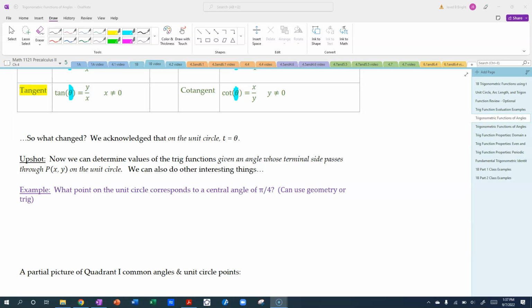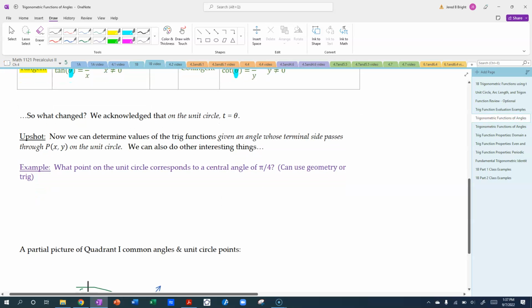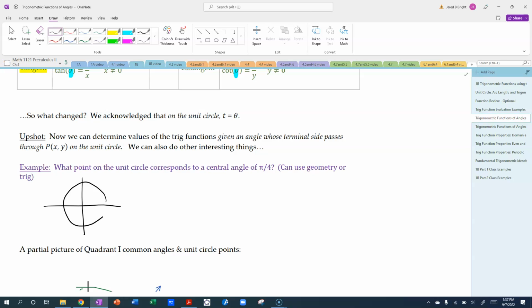So there are some other interesting things that come out of this. Rather than us being given the point on the unit circle that intersects with the central angle, we can actually find that point. So now the question here is, at what point on the unit circle is the central angle of pi over 4? Okay, so I need a picture. Unit circle.